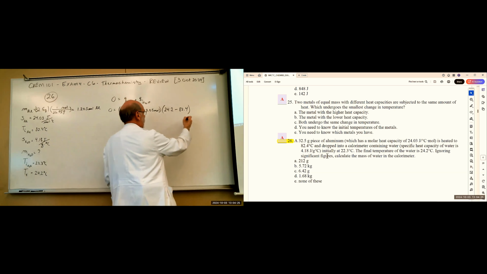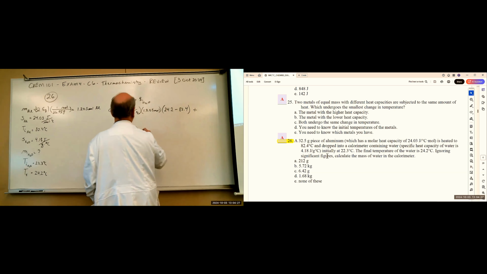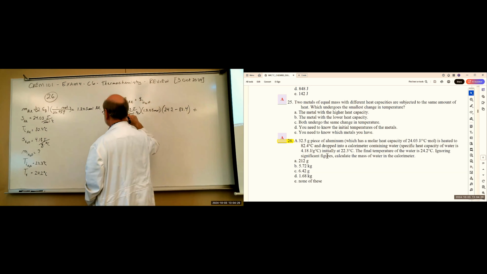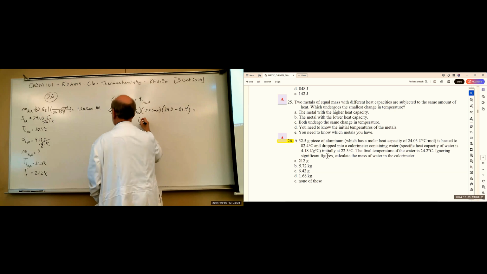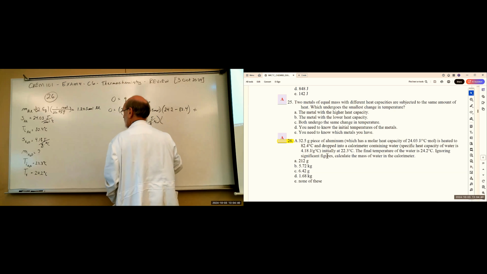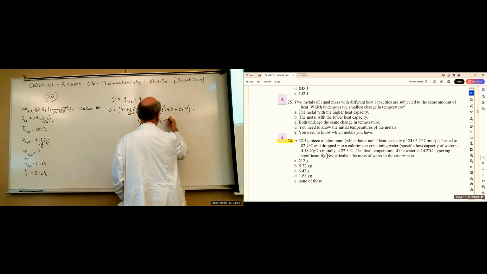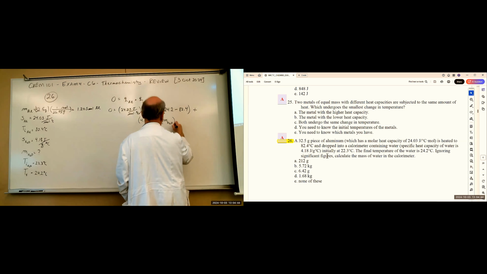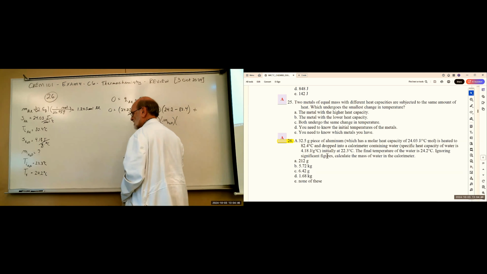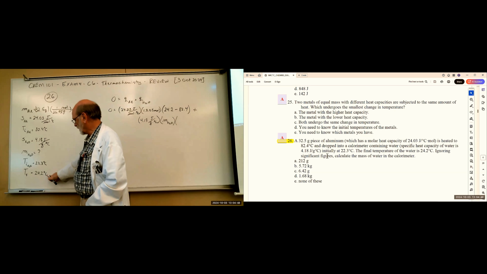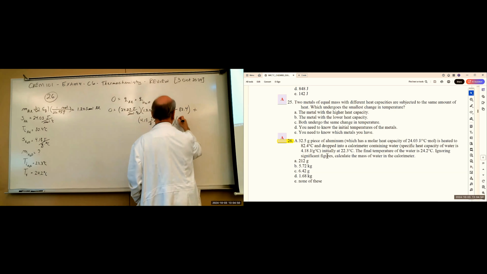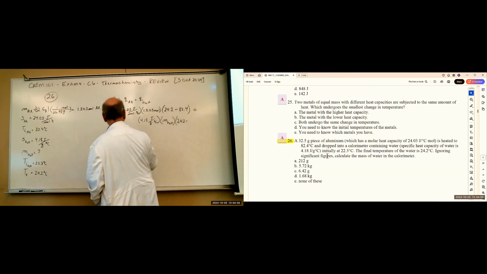All right, then we're going to add the term for water, which would be, what's the S for water? 4.18 joules per gram degree C. Then the mass of the water is unknown. And then the change in temperature is final, 24.2, just like the first one. The initial temperature of water is 22.3.